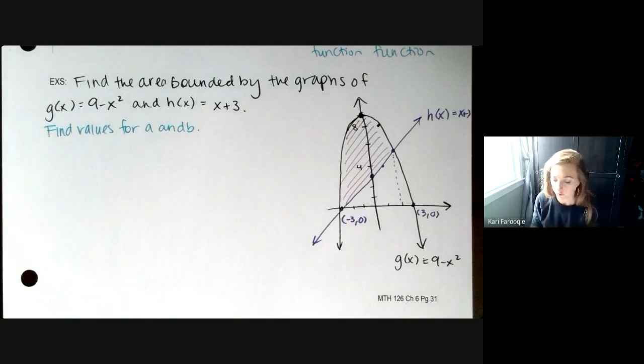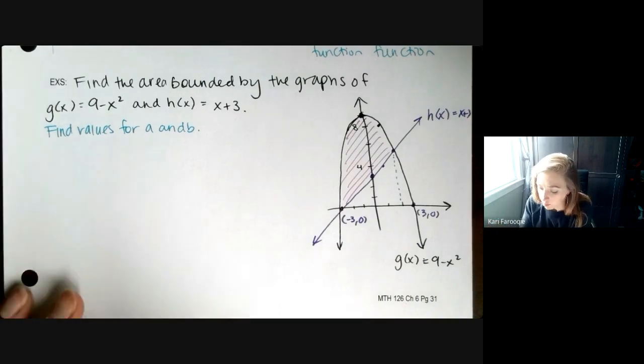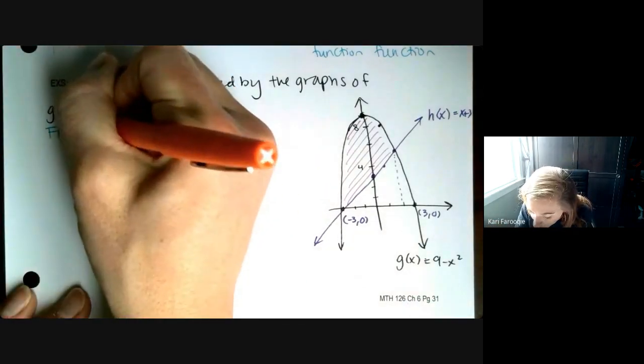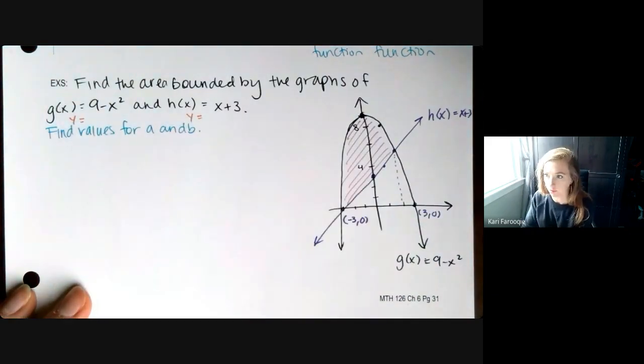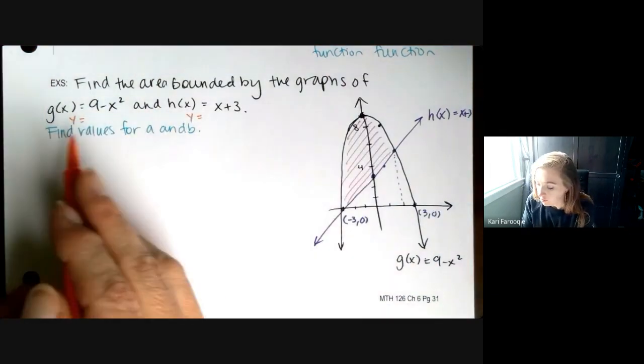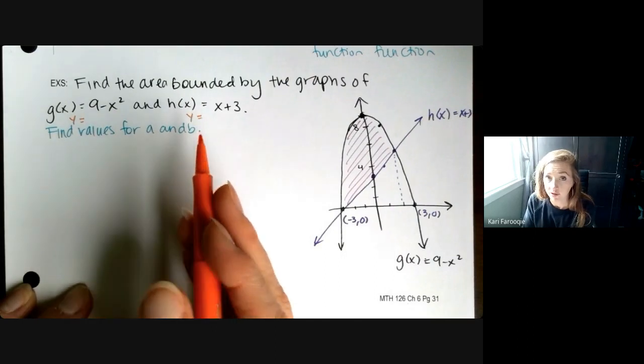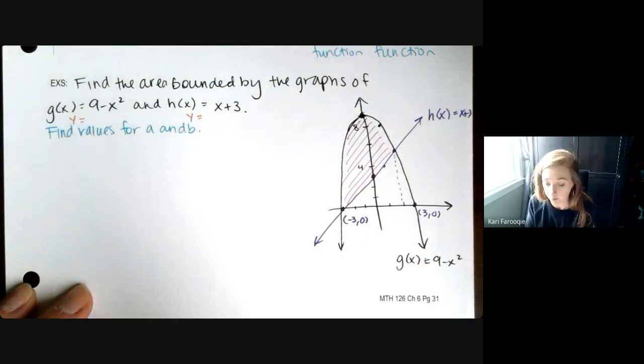So we're going to solve for these by solving the system of equations to find their intersection points. So basically, if you have g of x equals, you have a y equals, and if you have an h of x equals, you also have a y equals. So if I want to figure out where these two functions have the same value, I can just set them equal to each other.